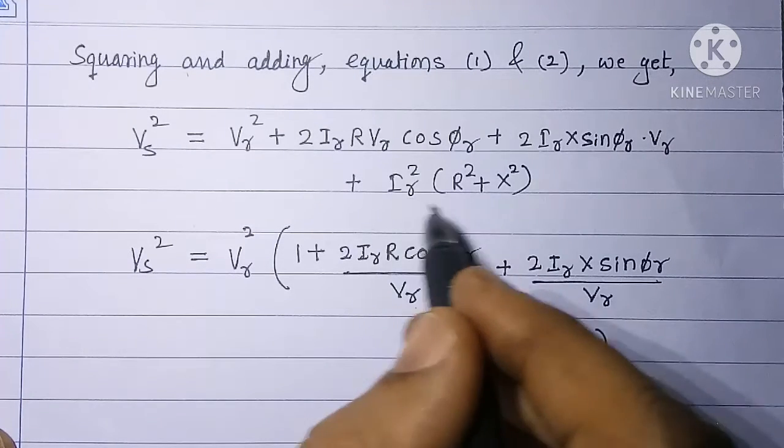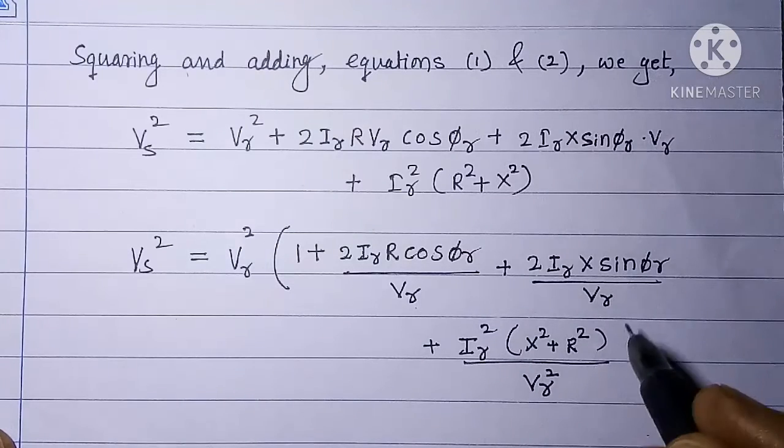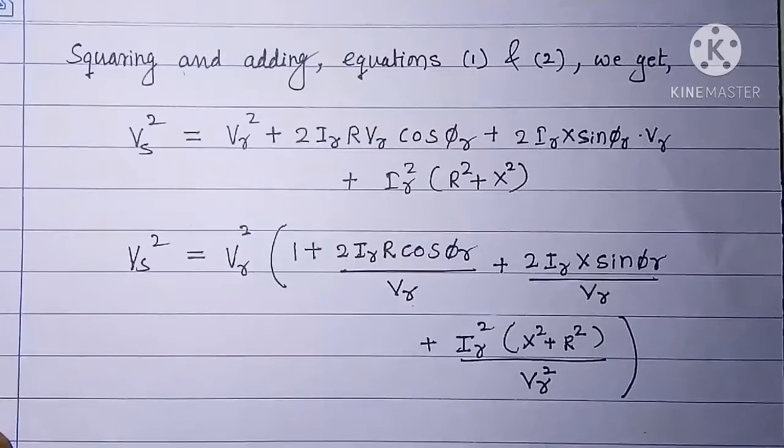Because here we don't have any VR square term, we have to divide the last term by VR square. Bracket complete.